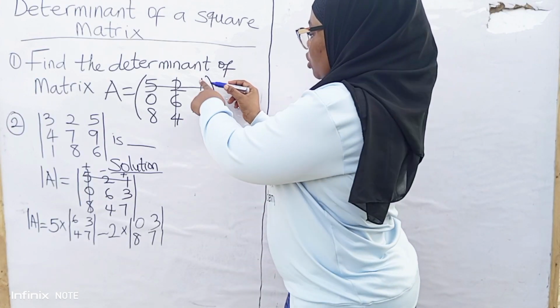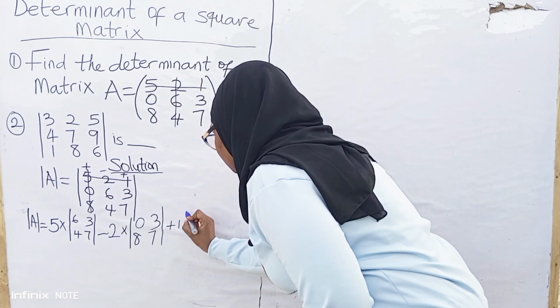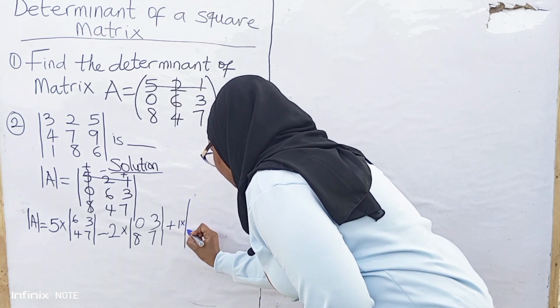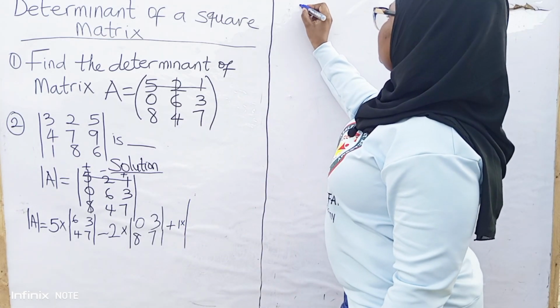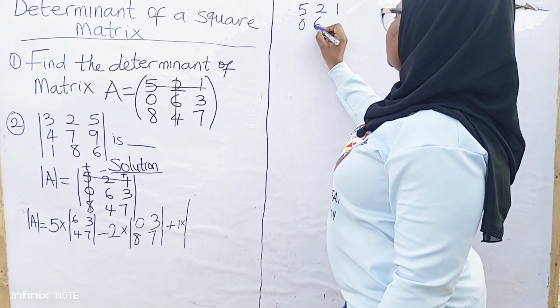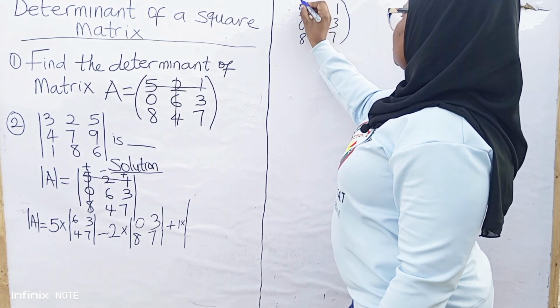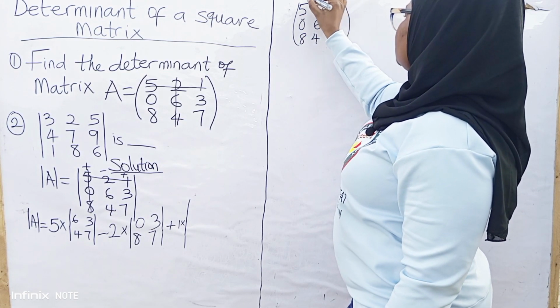Then plus 1, plus 1, plus 1. So multiply by the determinant of, let's write it, we have 5, 2, 1, 0, 6, 3, 8, 4, 7. So this is plus 1, this is minus, this is plus.